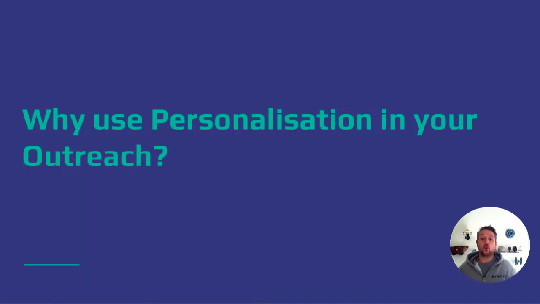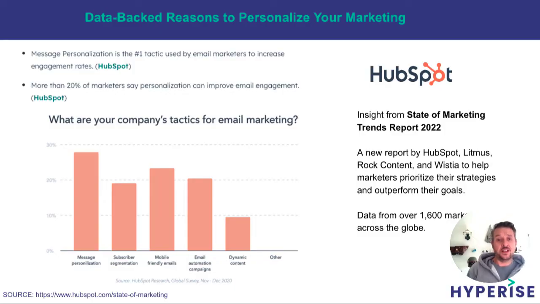First of all, why use personalization in your outreach? Now, obviously, as this webinar is focused around HubSpot, I thought it'd be interesting to look at some of HubSpot's own data on personalization. One of the things HubSpot do really well is take big data and condense that into meaningful bite-sized reports, one of those being the State of Marketing Trends report they produce every year.